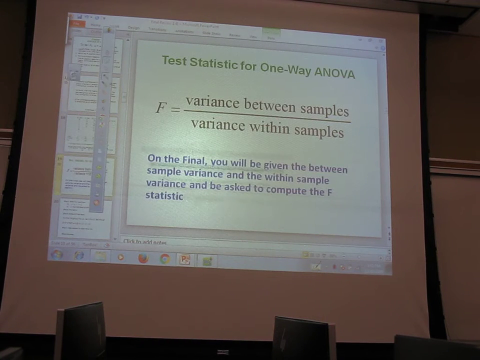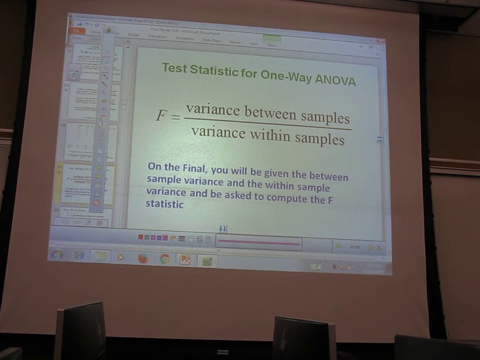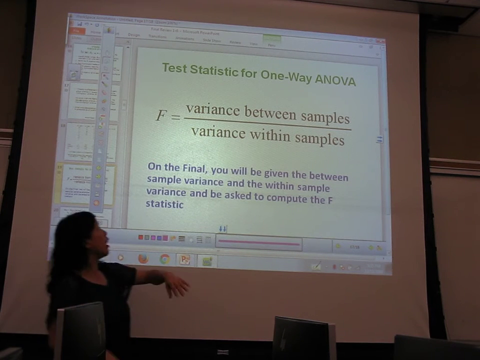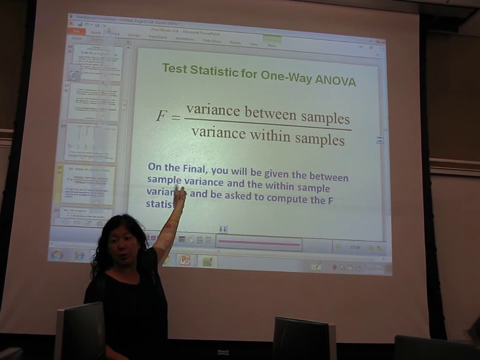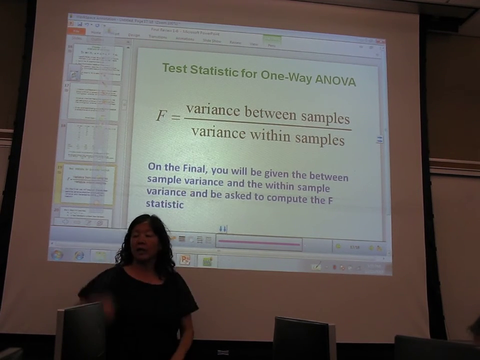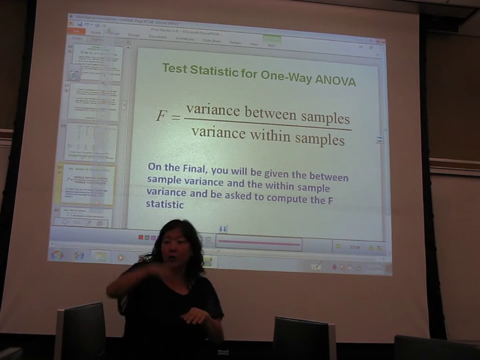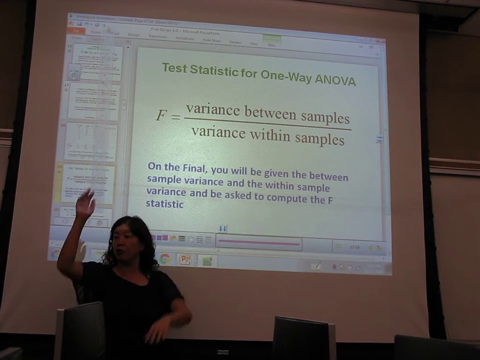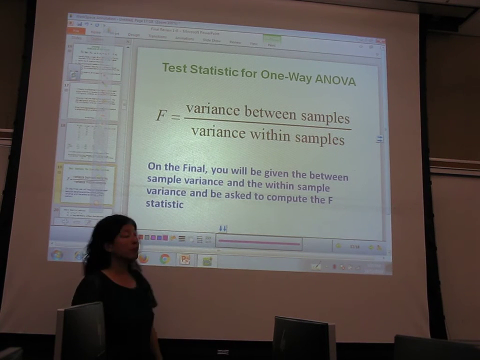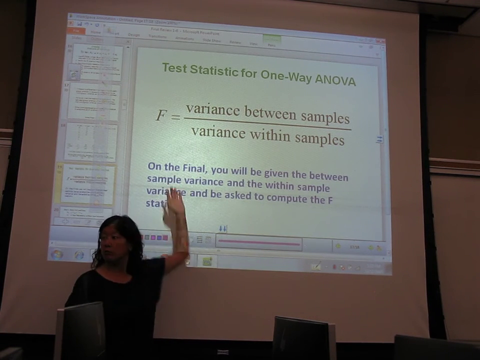The way we compare them is by taking the between group variance, which I might also call the variance between samples or between sample variance, and the within group variance, and you divide them. The between group divided by the within group gives you your F statistic.